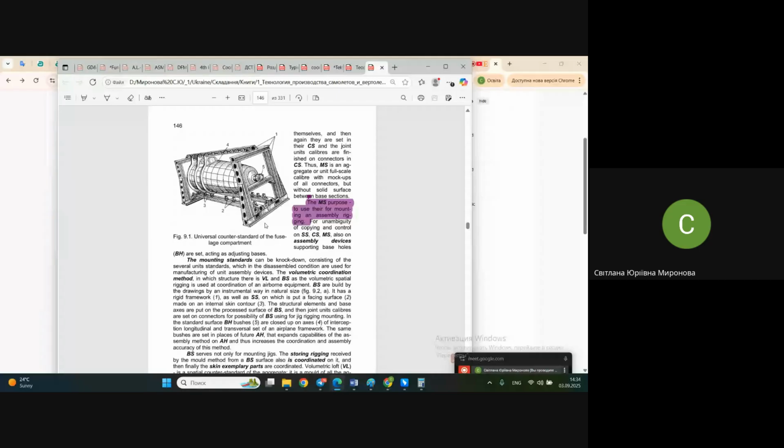And next they used these three-dimensional mockups as the tooling for manufacturing of other tooling. Also it appeared more convenient to have several different three-dimensional mockups, their copies. The very first copy is called Surface Standard, or Master Mockup in English literature you might find. This master mockup, or in our understanding Surface Standard, is the whole solid object that repeats only the outer surfaces of the airplane. It consists, of course, of different aggregates.